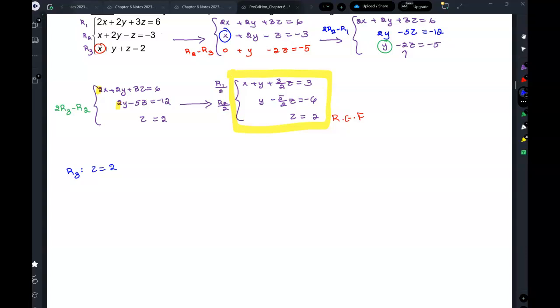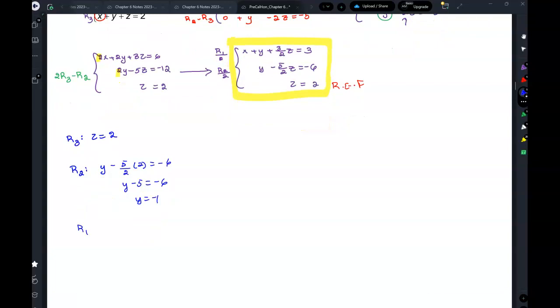Okay, so from row 2, let's keep with that last term then. y minus 5 over 2 times 2 is equal to negative 6. y minus 5 equals negative 6. y equals minus 1.